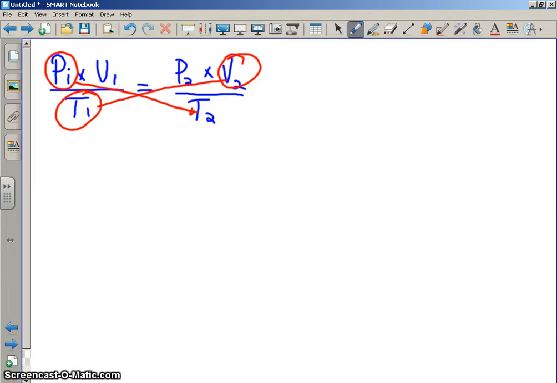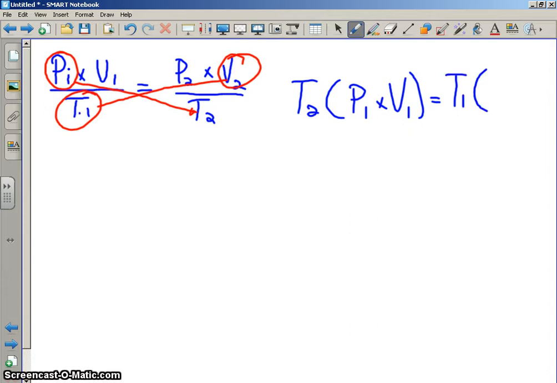It ends up looking like this: T2 multiplied by P1 times V1 is equal to, and then the same thing goes across over here, T1 multiplied by P2 times V2. All right? And that is now where we're at.